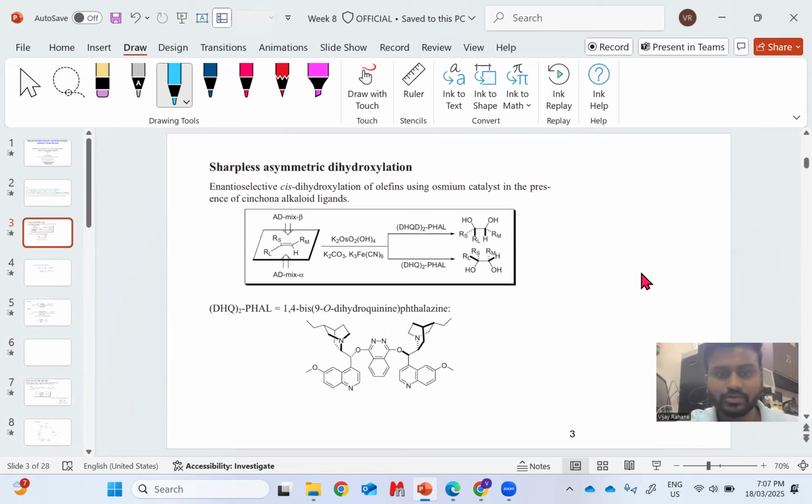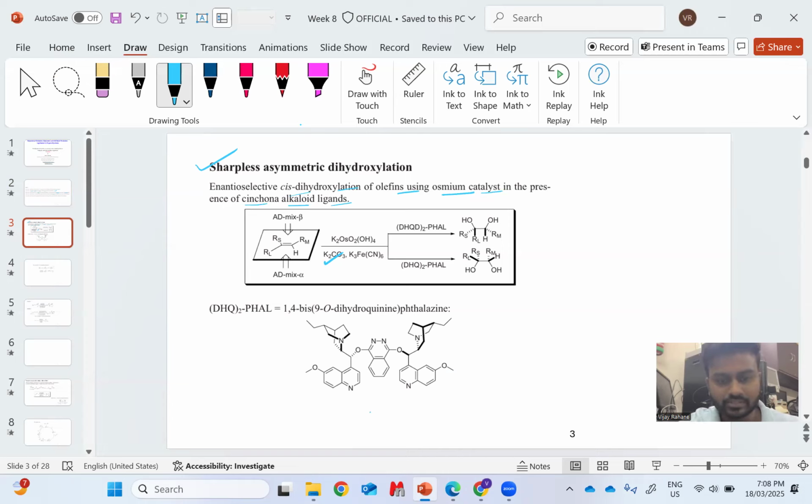I will not go into much detail because it's already covered by the professor. Basically, this asymmetric dihydroxylation reaction is an enantioselective cis dihydroxylation of olefins using an osmium catalyst in the presence of cinchona alkaloid-based ligands. The reagents are K2CO3, the base to maintain basic conditions, K2OsO2(OH)4, the osmium-based catalyst, and the ligand.